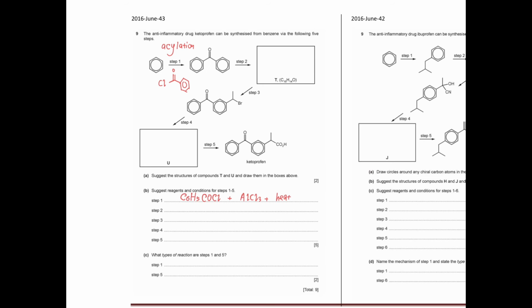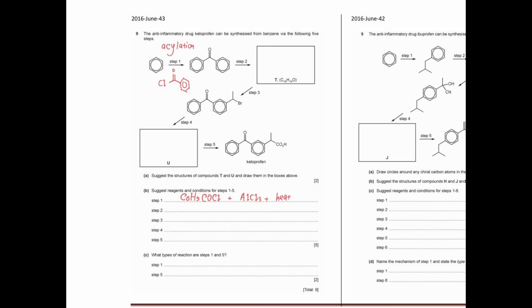This benzene ring has 6 carbons, the other benzene ring 6 carbons. Then in the middle, this is C double bond O. So 6 carbons, 6 carbons, 12 carbons, this one more carbon, 13 carbons, and this one, 15 carbons.